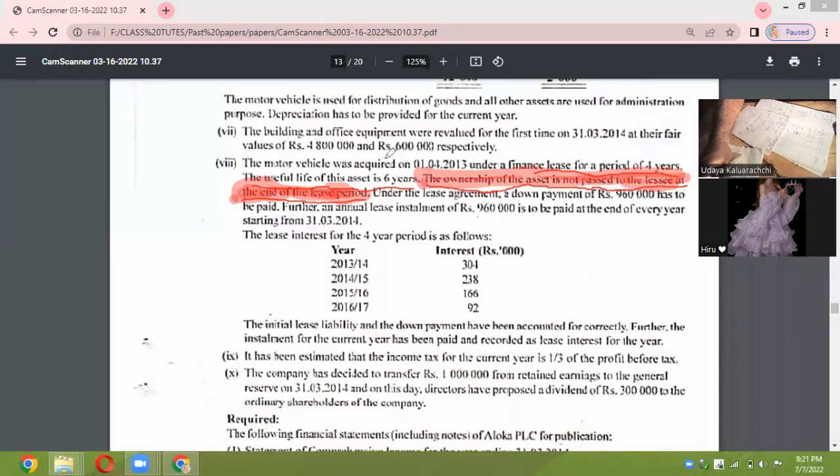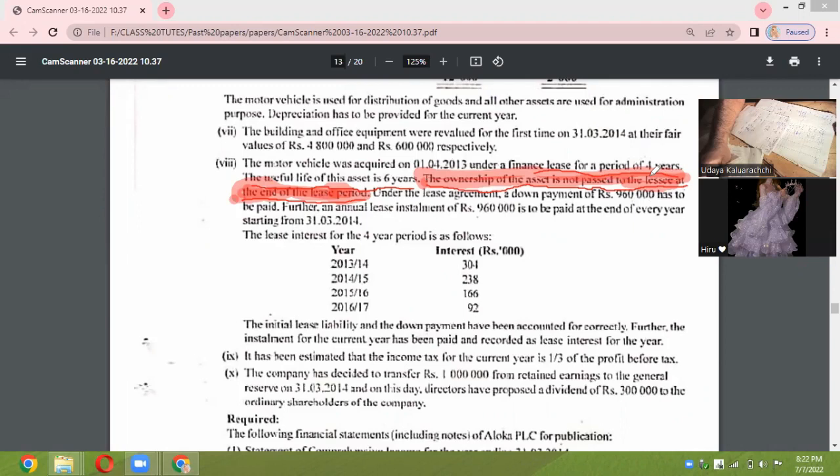The motor vehicle was acquired on 1st of April 2013 under a finance lease for a period of 4 years. The useful lifetime of the asset is 6 years, but the ownership of the asset is not passed to the leasee at the end of the lease period.